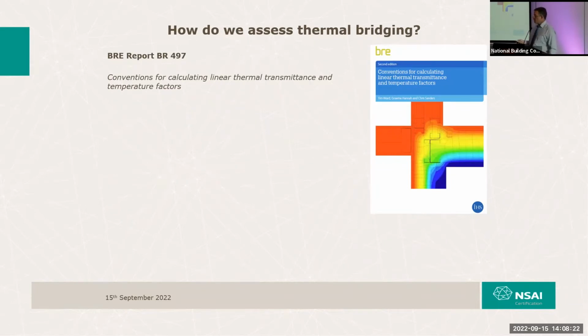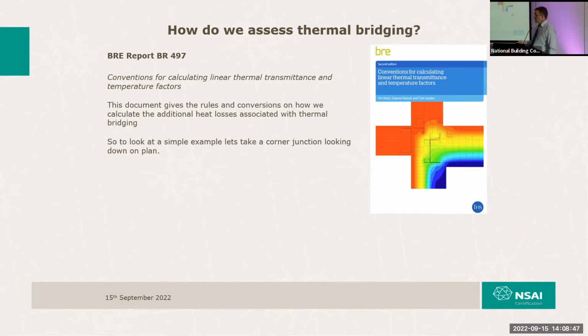This is a publication developed by Tim Ward. I think it was just Tim Ward, was it? Graham Sanders from the BRE in Scotland, who I already alluded to, did all the background work for accredited construction details. It gives rules and conventions for assessing thermal bridge junctions.